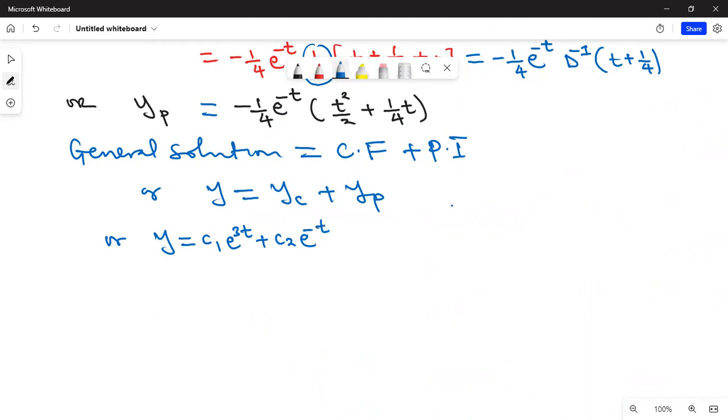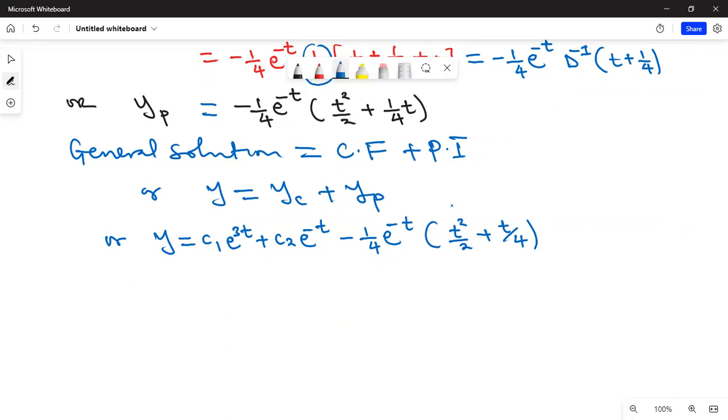Now the particular integral is negative 1 over 4 exponential negative t into t squared over 2 plus t over 4. That should be 4. So plus t over 4.